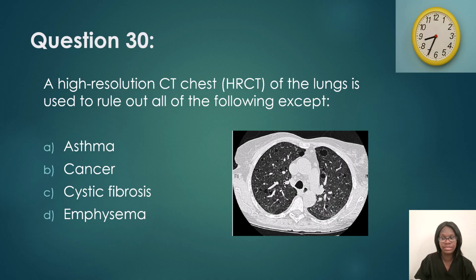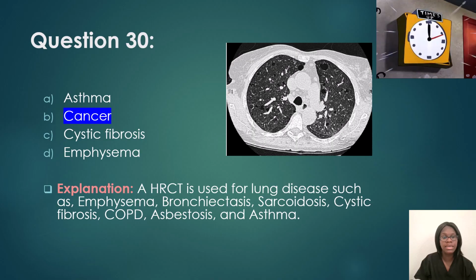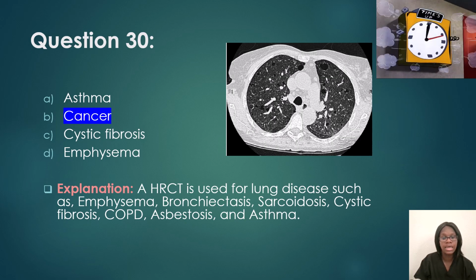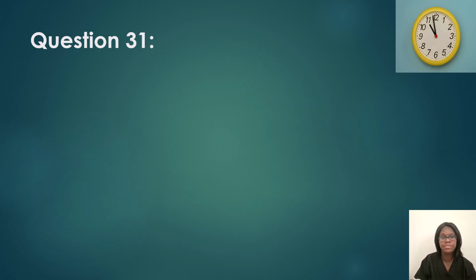All right, the correct answer is B, cancer. A high-resolution CT chest is used for lung disease such as emphysema, bronchiectasis, sarcoidosis, cystic fibrosis, COPD, asbestosis, and asthma. So that's what that scan is typically used for.